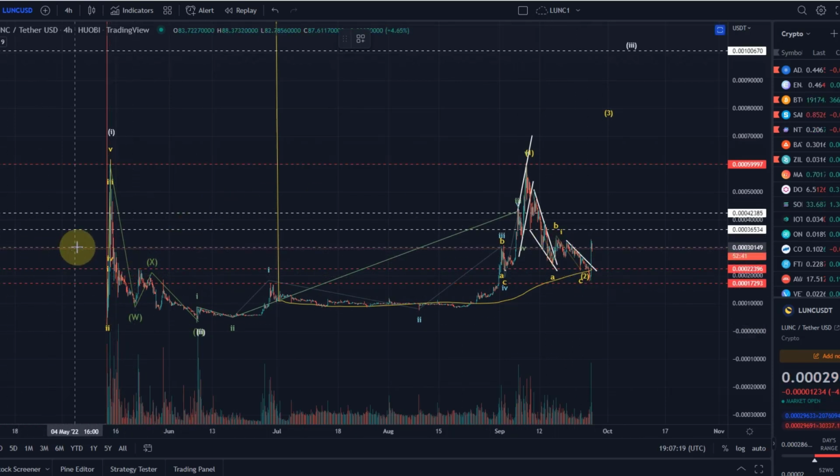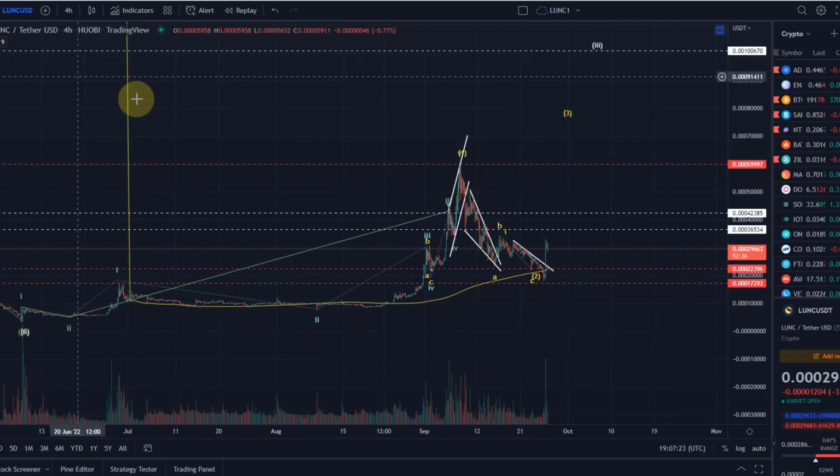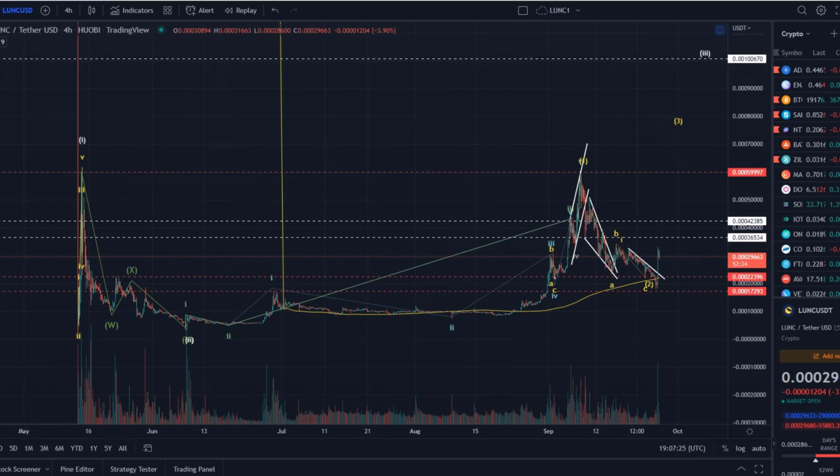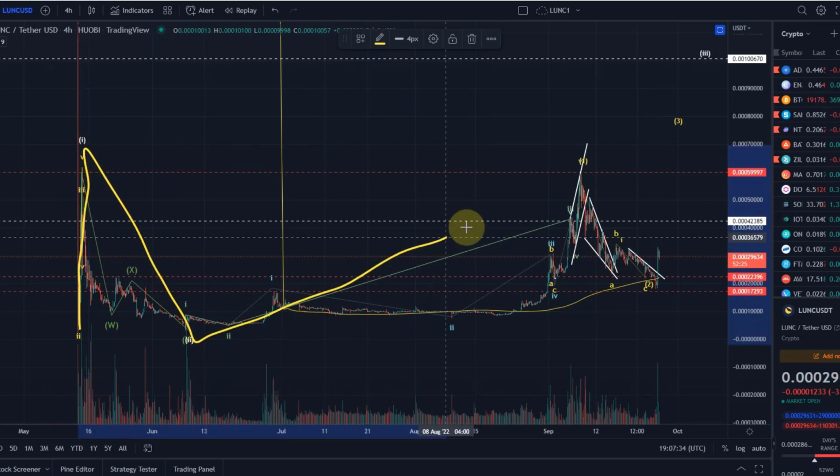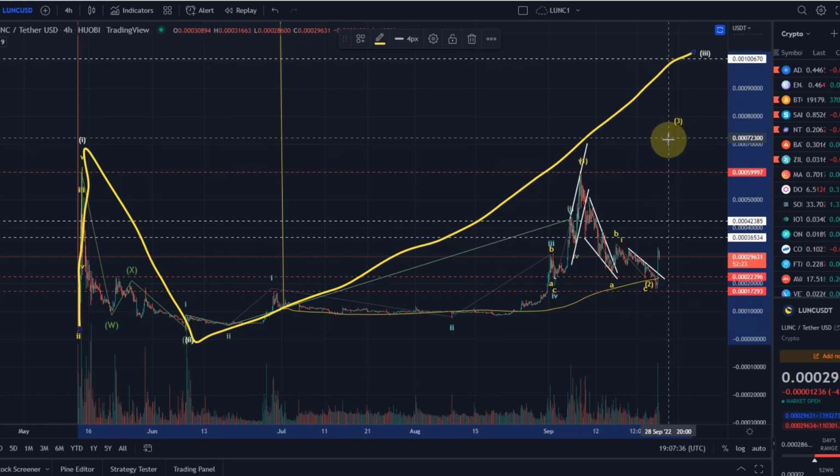For anybody who's new here, the wave count suggests the white one is the higher level wave count. From the low that was printed here on the 13th of May, we moved up in a wave 1, we came down in a 2, and we're now still on our way to wave 3.